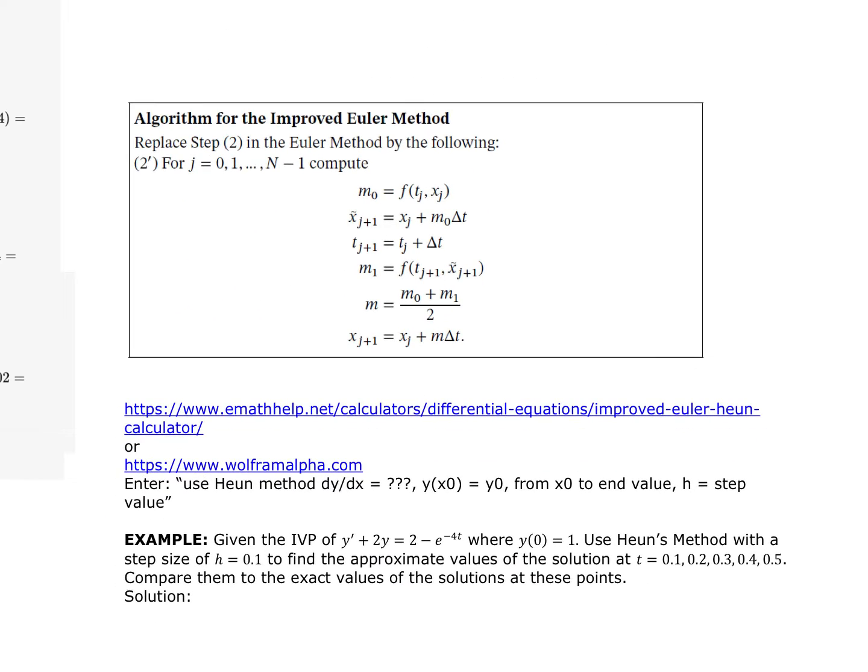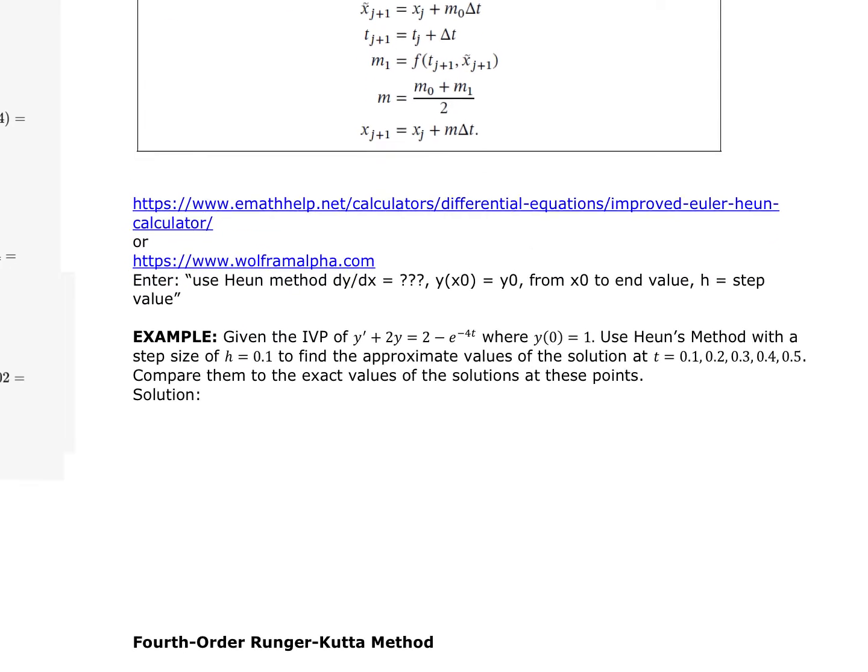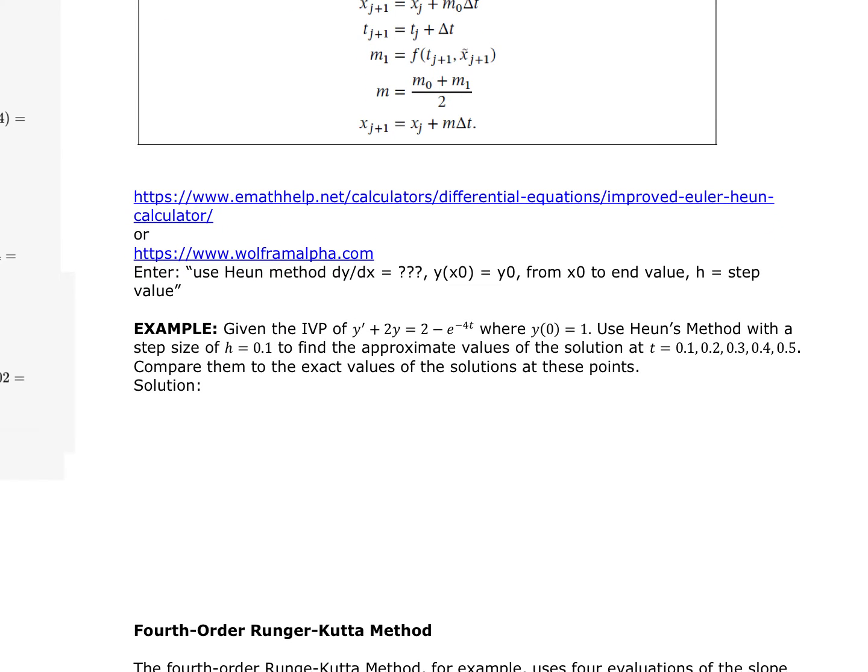And here's the algorithm for it. You can go to two places. You can again go to this eMath Help Calculator, Differential Equations and Improved Euler's Heun Calculator. Or you can go to Wolfram Alpha, either one. And you would type this in just like I showed you before, using that y prime isolated, so it's negative 2y plus 2 minus e raised to negative 4t.